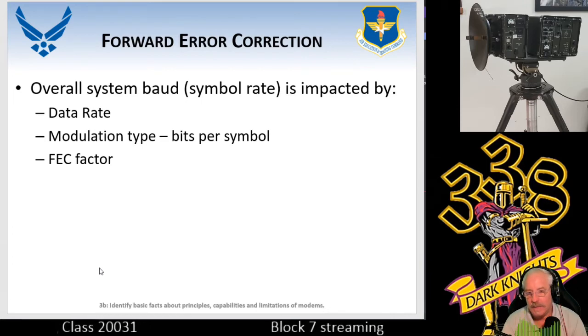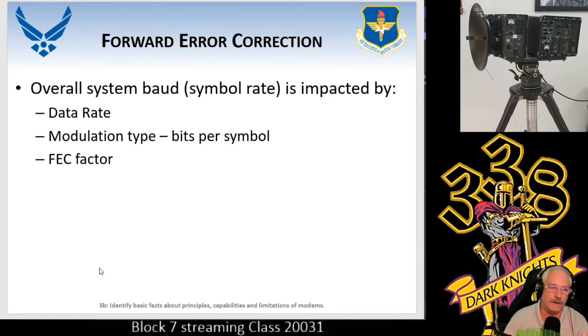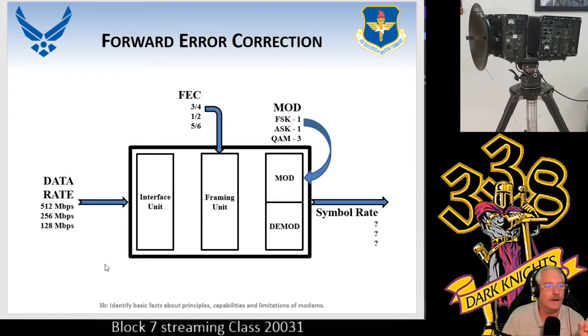There is a mathematical equation. I'm not sure if it's still in your study guide workbook, but it factors out how you get data rate, modulation type, and forward error correction into baud rate or symbol rate.